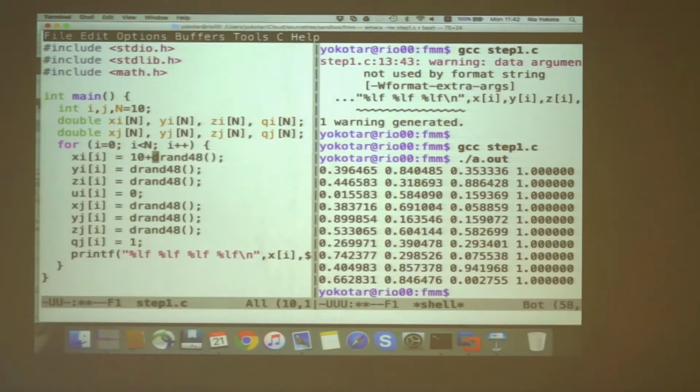I'm going to add 10 to xi so that it gets shifted far away. Okay, so now we have all the set of points we need.